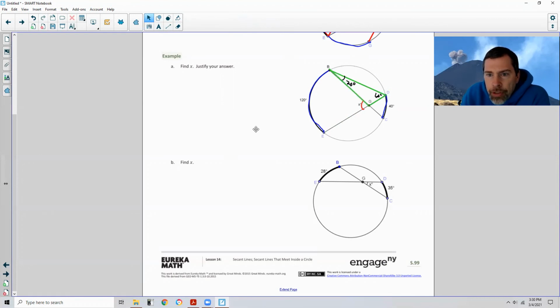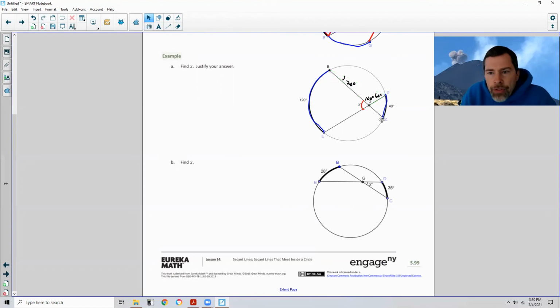And then if I put that back together, I now see that I have a triangle, and all triangles add up to 180 degrees. So that's the triangle sum theorem. So if I have 60 here and 20 here, that's 80. That means this angle here has to be 100 degrees. There's our triangle sum theorem. So now I can just get rid of these, and that's how we found that.